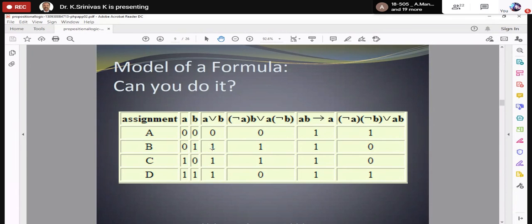So if you are multiplying these with the models, with the values, then assignment A will give a 0 and D will give a 0. And assignment B and assignment C will yield 1. When assignment B and assignment C are yielding 1, then we can think that these are the models for the particular equation.